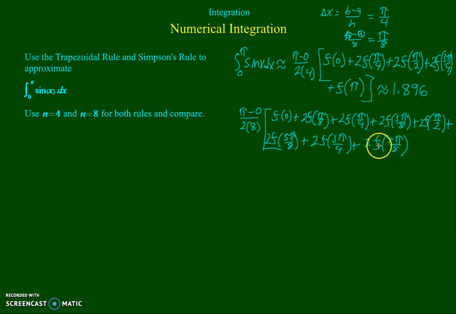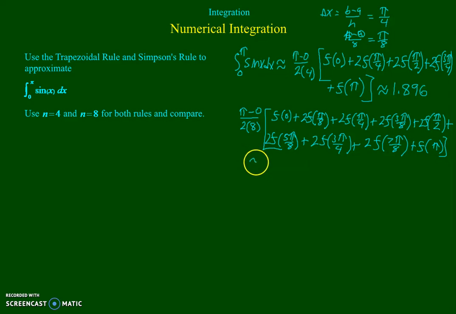Hopefully we're close to the end here. We have 1, 2, 3, 4, 5, 6, 7. We need one more term to have 8 subintervals. So the last one will have no coefficient, or a coefficient of 1, f of pi.